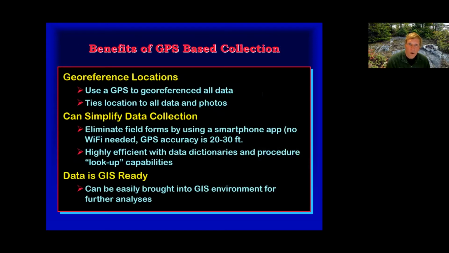Georeference locations. All monitoring data today is generally georeferenced by using a GPS unit. In many cases now we're using our phones. And for example, my new phone actually talks to the constellation of satellites for the US, the Russian GLONASS constellation, the European Union, and even the Chinese constellation of satellites.